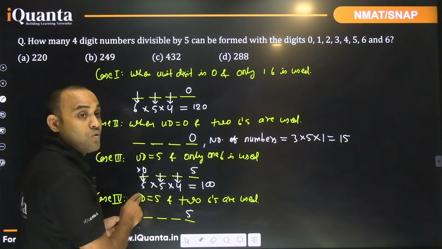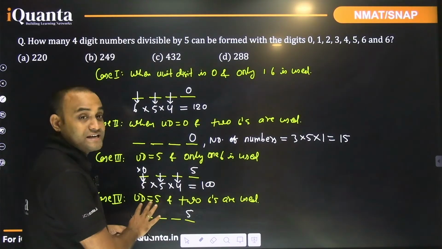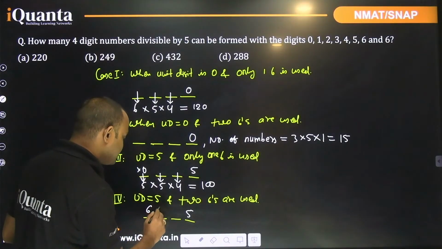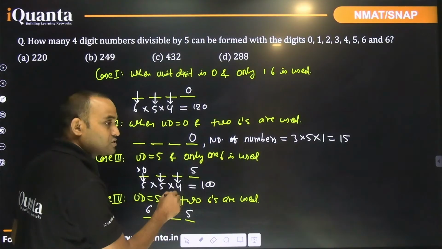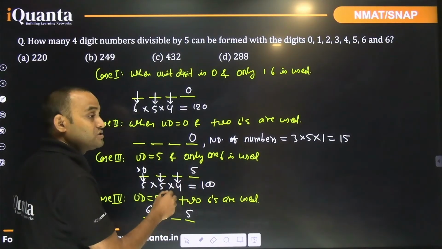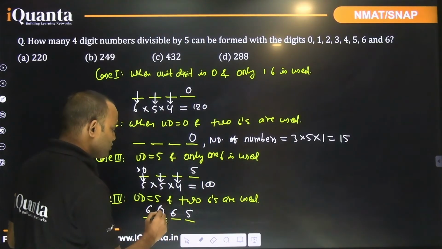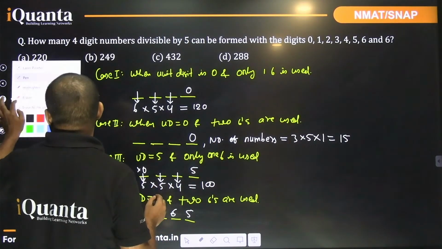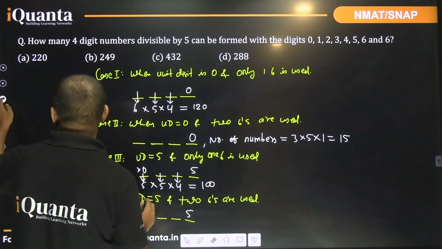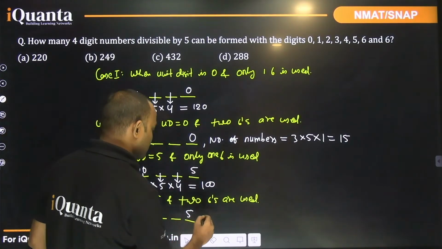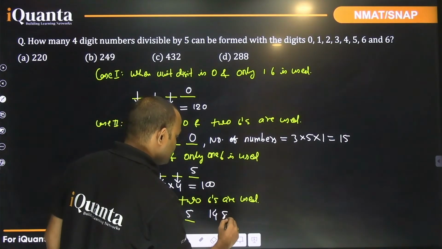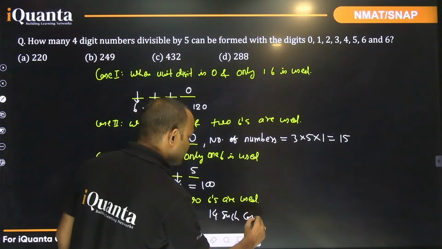You can put 1, 2, 3, 4. So 4 cases here. But if you take 6, 6 here, you can put 0, 1, 2, 3, 4, which is 5 digits. Then if you take 6 here, you can put 0, 1, 2, 3, 4 here. So there will be a total of 14 such cases, right?